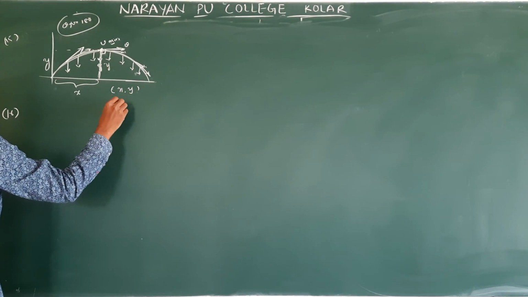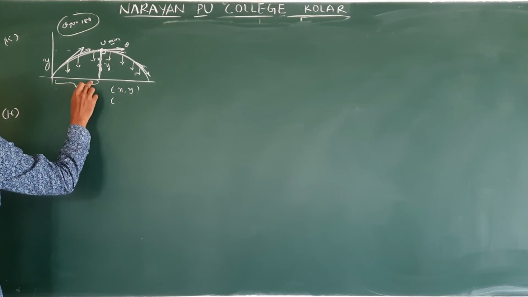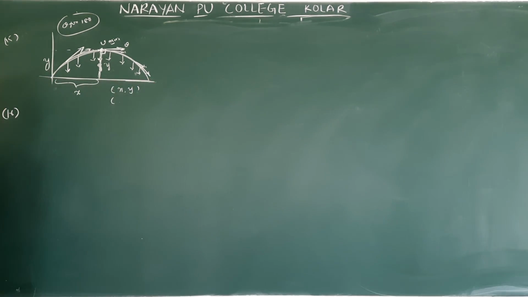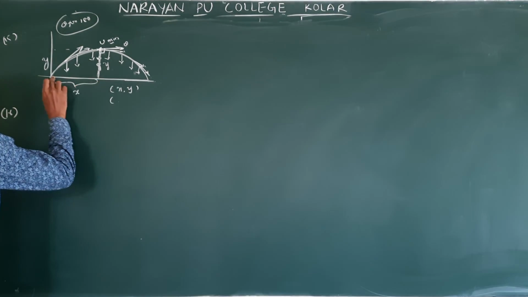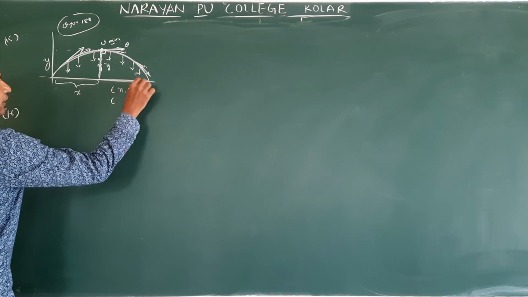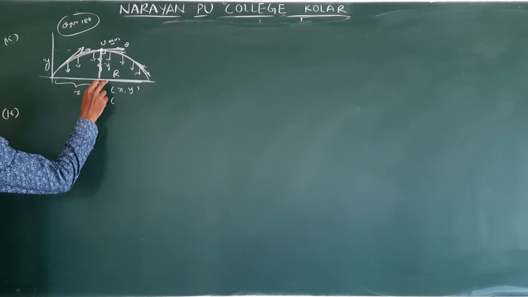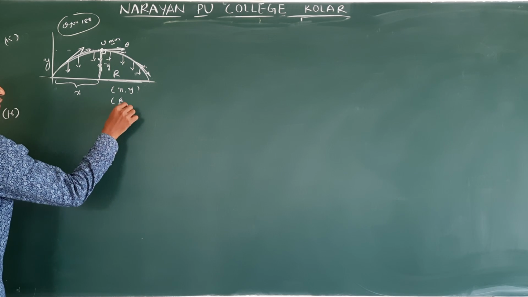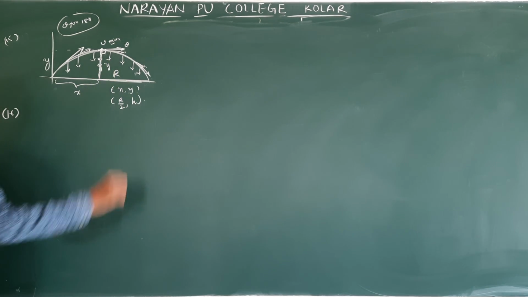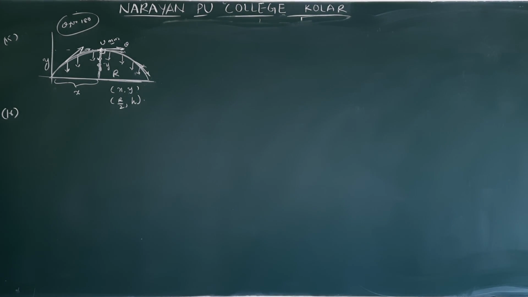In x comma y, what is x? This total horizontal distance we call the range. But x is exactly half, so x is R by 2, and y is nothing but the height. Clear? So what did they give?